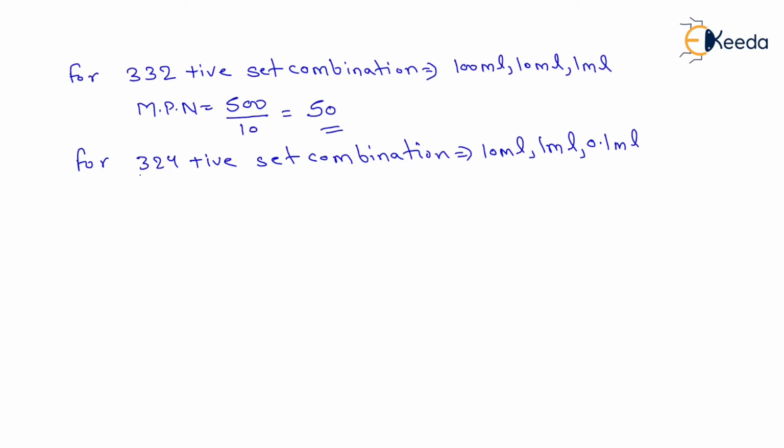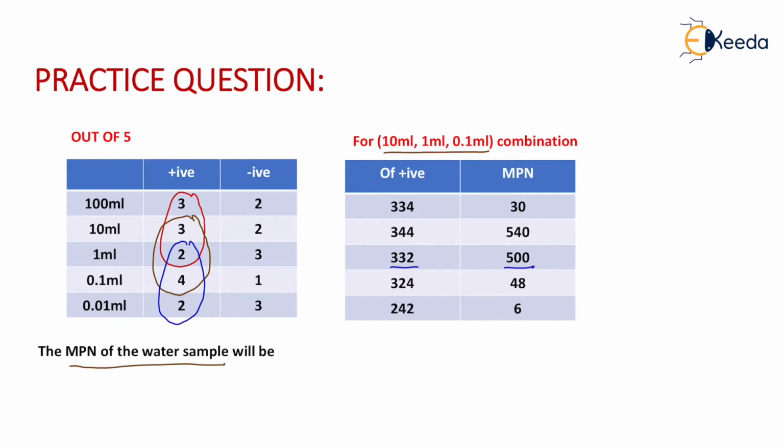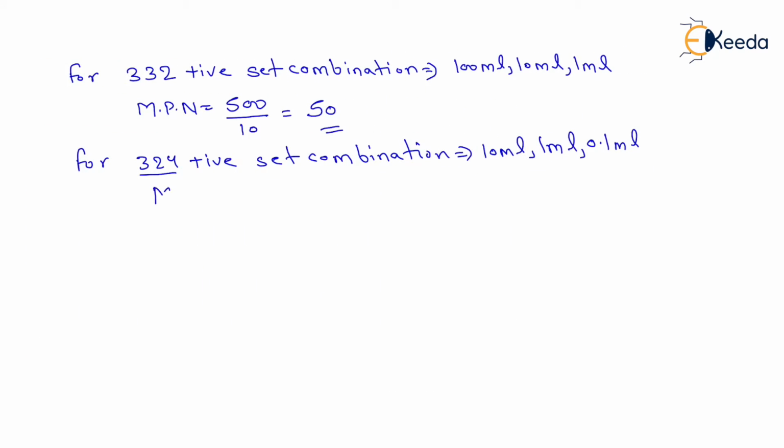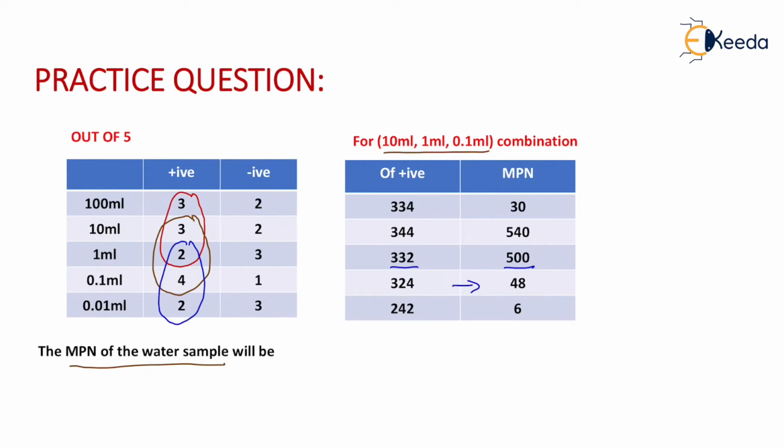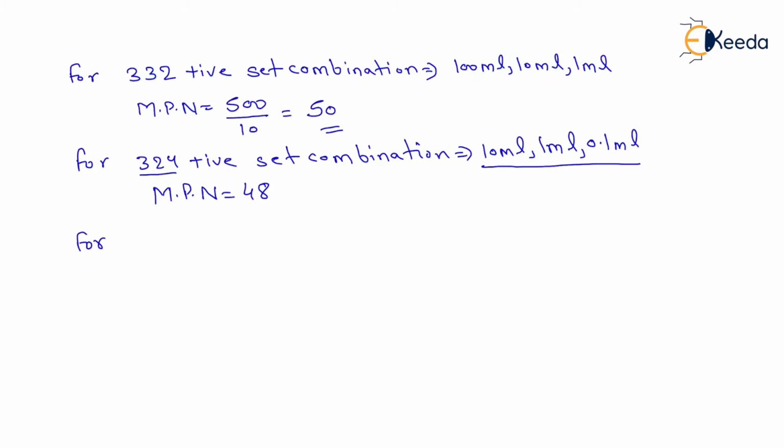So for this positive set, we read the MPN value from the McCrady chart, that is for 324 the MPN value is given as 48. So we write here MPN equals 48. Now we don't need to convert this value because here the dilution ratio is the same as that of the McCrady's chart.